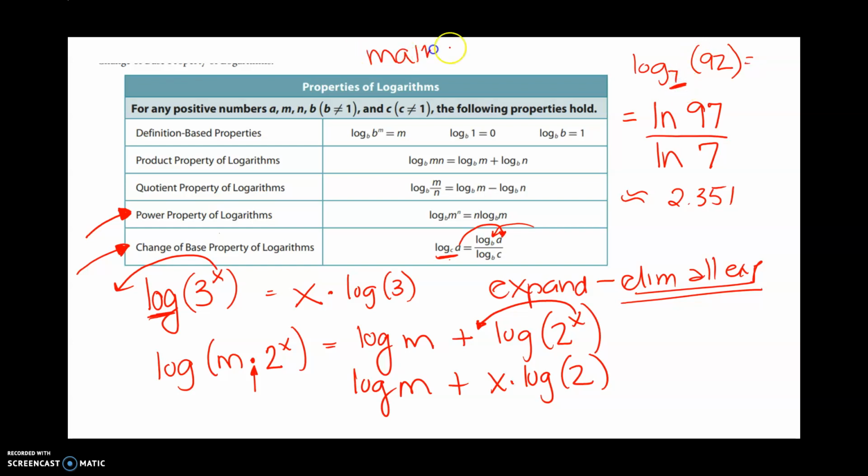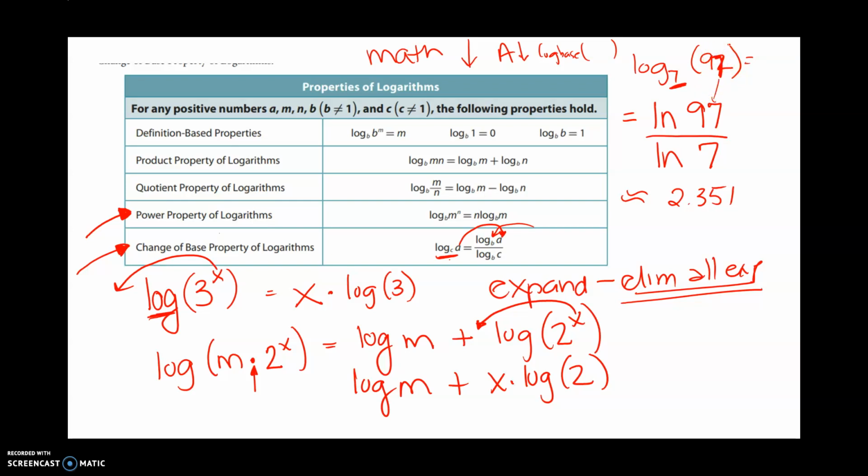Now I do know that I can get this log base 7 by using my math button and going all the way down. If I cursor all the way down, it says log base. If I click on that, I can put in any base I want. So I'm going to put log base 7 of 92. Oops, notice I had these numbers different. I'll change this to 97.